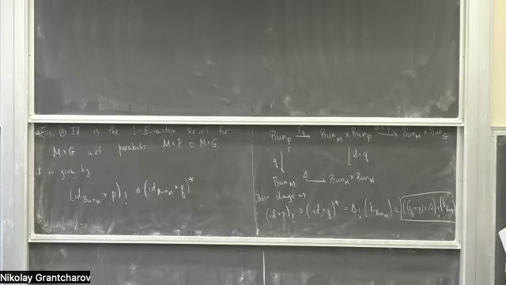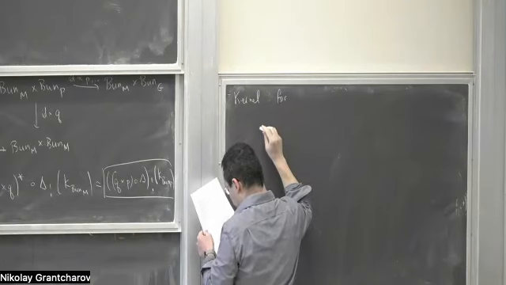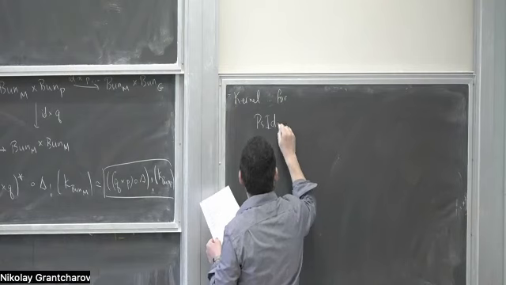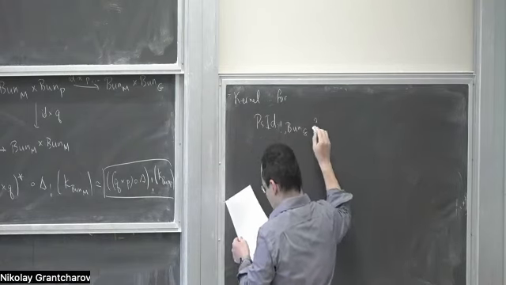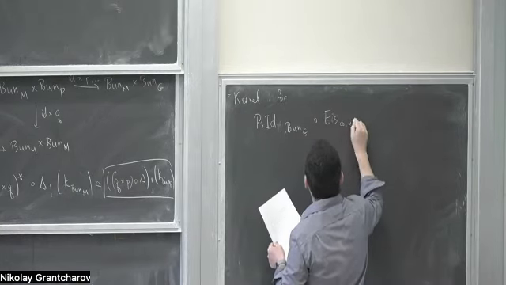Now, what is the functor? So the functor, kernel for identity closed with Eisenstein followed by constant term, R minus.